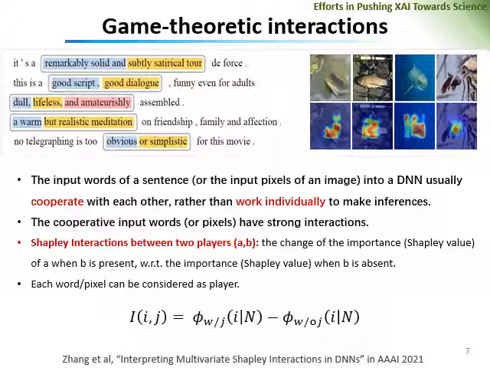So if the presence of B changes the importance of A, it means they have interactions. We can define the interaction between A and B using this equation.